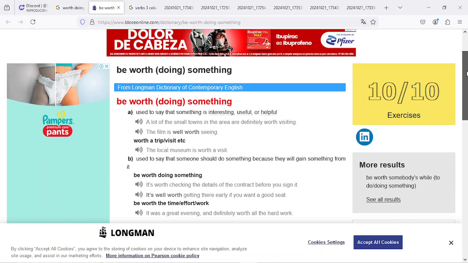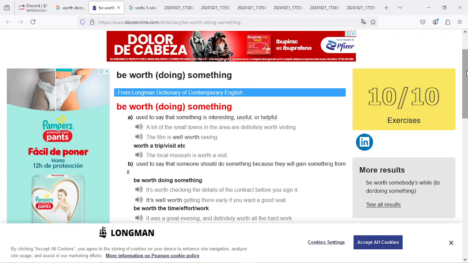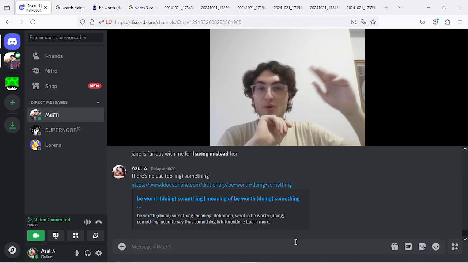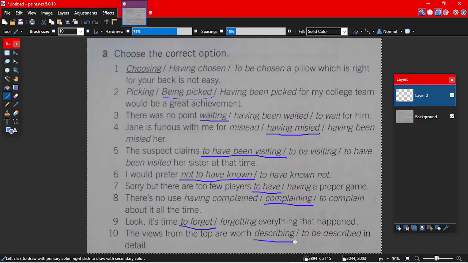It says in this dictionary the structure is something worth doing, right? Like it's always worth studying. It's always worth working. It's worth having a healthy lifestyle. Ing is the structure. But we could see in this exercise that there were some things like it's time to, and then it's time to have. Worth having, right?